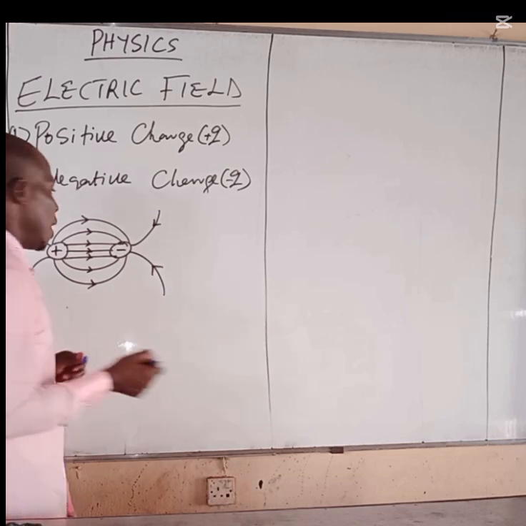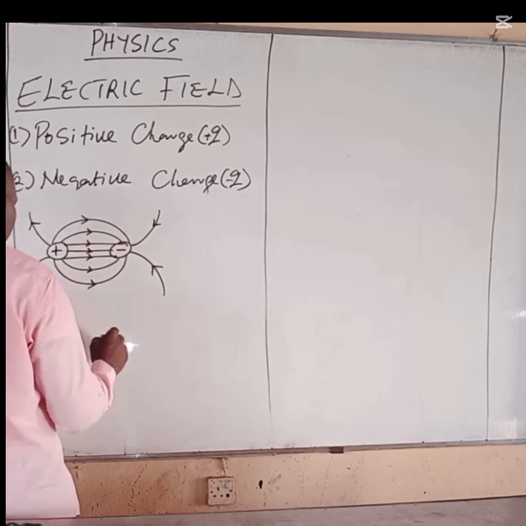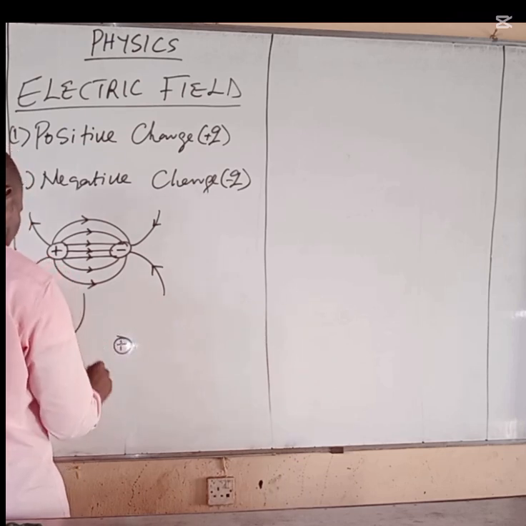So that is it. Then if we have maybe like charges, let's say positive, we have positive, the field will be in this form.